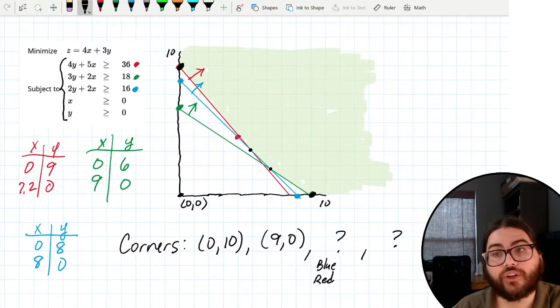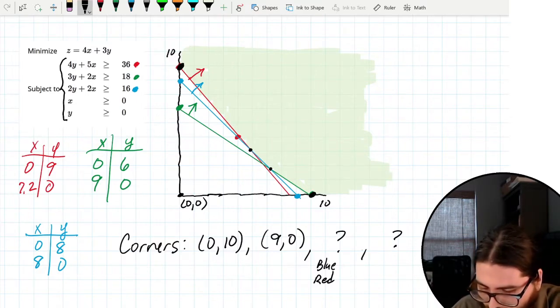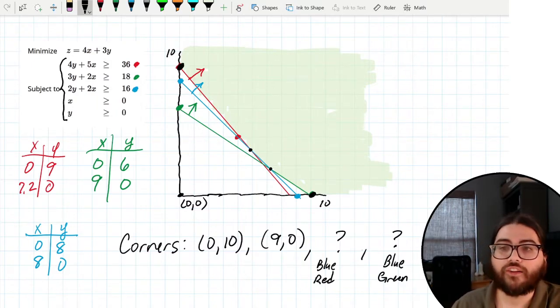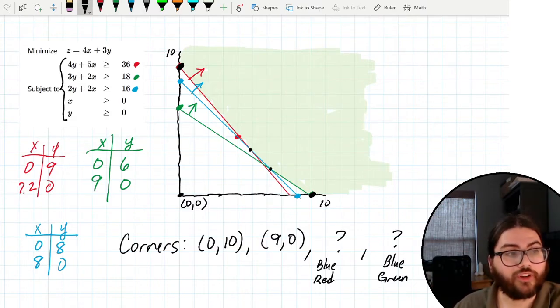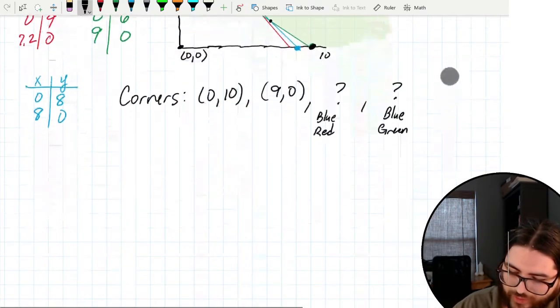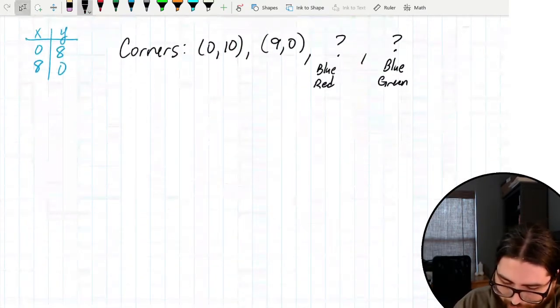And I know the other intersection point is at the intersection of the blue line and the green line. That's going to tell me how to set up my system of equations to find these corner points. So let's scroll down. Let's find the intersection of blue-red.